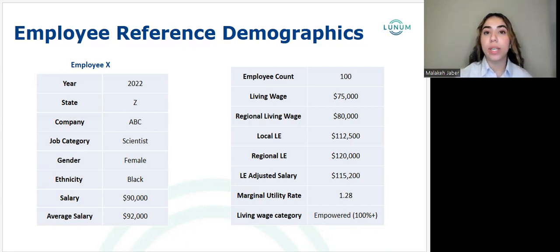The living wage is more in terms of the minimum salary to cover an individual's basic costs and needs, while maintaining a reasonable quality of life. The satiation point, however, is the point where they're fulfilled and that salary is more comfortable, if you will, given the location that they reside.